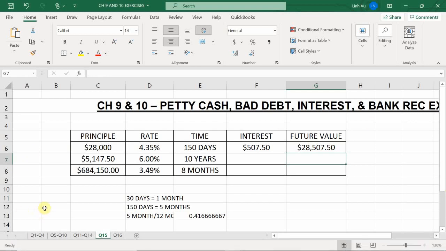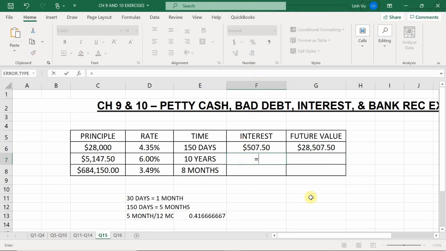So let's go ahead and do the next one. If I have a principal of $5,147.50 and my interest rate is 6% and I have 10 years, what is my total interest I'm going to be collecting? $3,088.5.